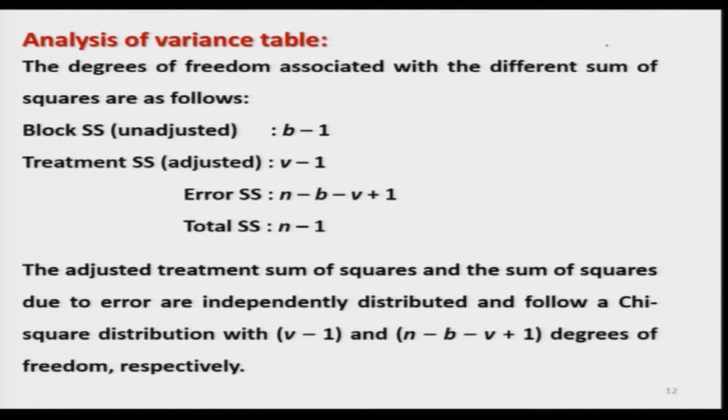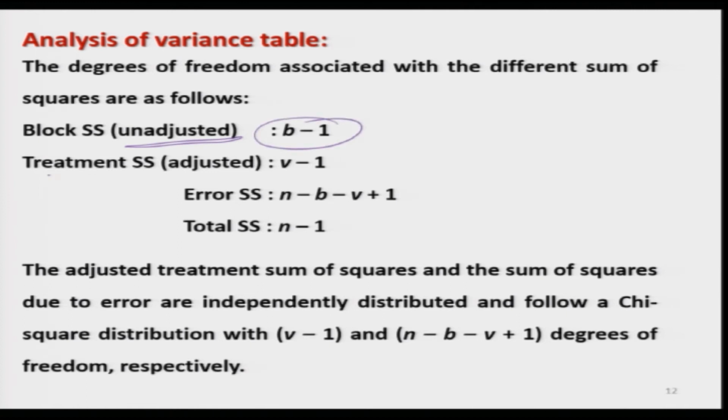But before that, the degrees of freedom associated with these different sum of squares will remain the same as we have done earlier, because they are based on the Fisher-Cochran theorem. So, the block sum of squares, which is here unadjusted, will have b minus 1 degrees of freedom.